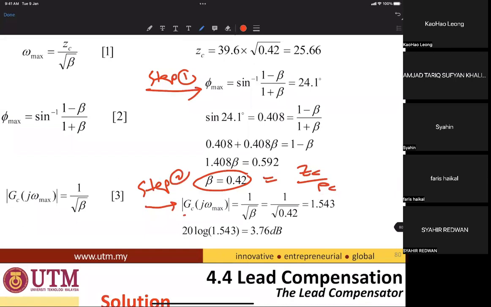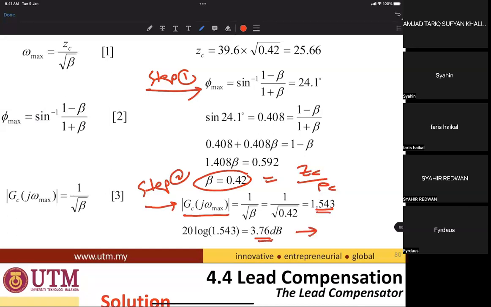Magnitude. This is the magnitude of the compensator at maximum phase margin, which is 1 over square root beta, 1.543. So 20 log 1.543 is 3.76.